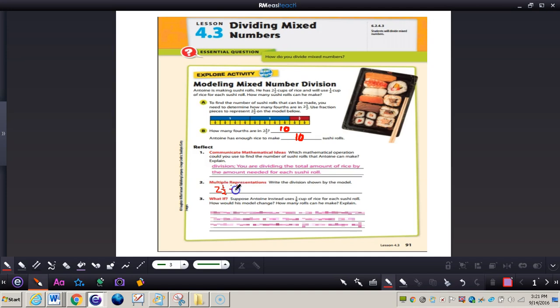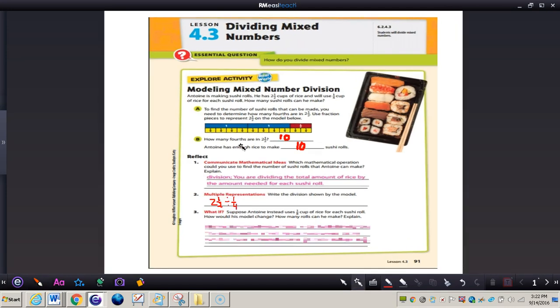divided by 1/4. So it says suppose Antonio instead uses 1/8 cup of rice for each sushi roll. How would his model change? How many rolls can he make? So instead of 1/4, he's using 1/8, as you can see. And the answer to this, I want you to write this down, his fraction model would need to be divided in eighths.